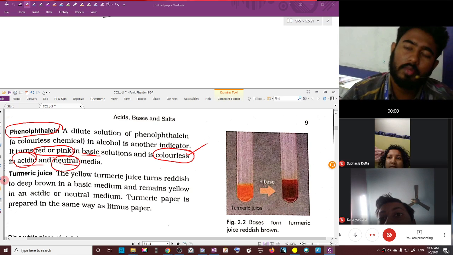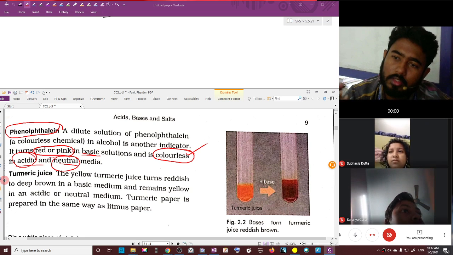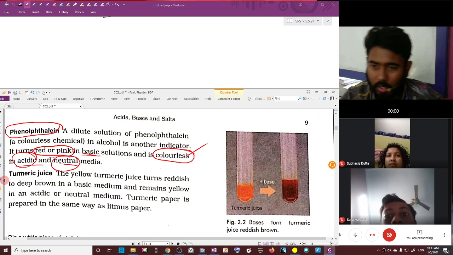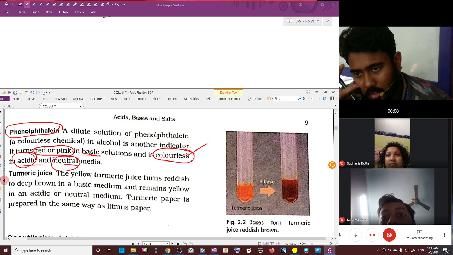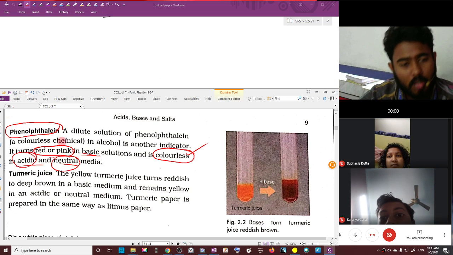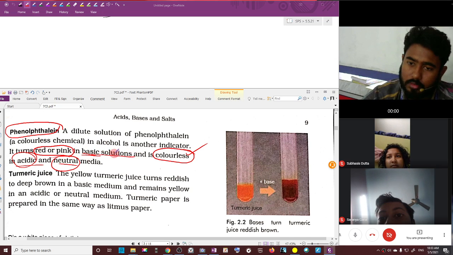So suppose I am given a solution of nitric acid. I cannot tell whether it is acidic or neutral like water. But we have to learn that phenolphthalein turns red or pink in basic solution. Is the idea clear?